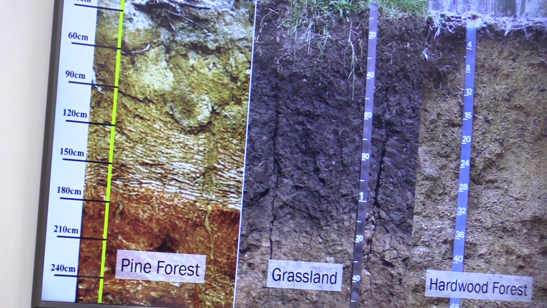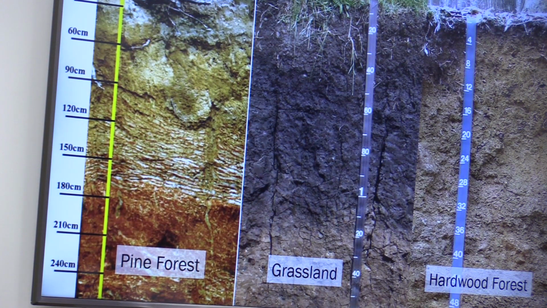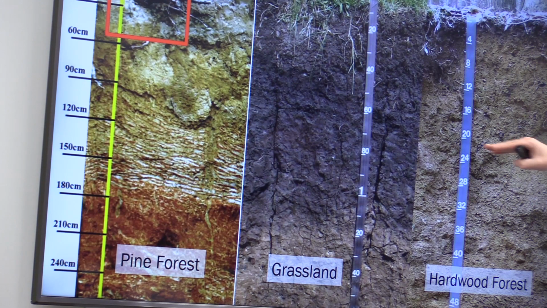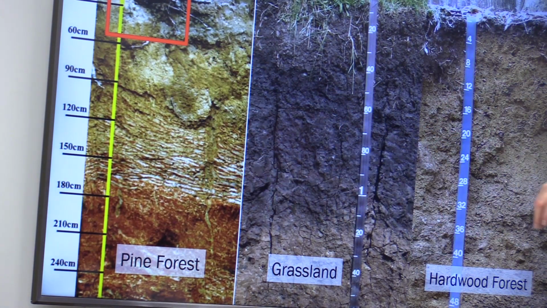So, coming back to what you said about prairies, depending on the plant community that we're looking at will determine how deep the A horizon is and how thick the O horizon is. And so if we've got a pine forest here on the left, there's a color change about right here, probably about 50 centimeters or so into the soil.